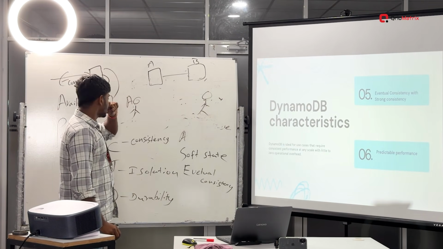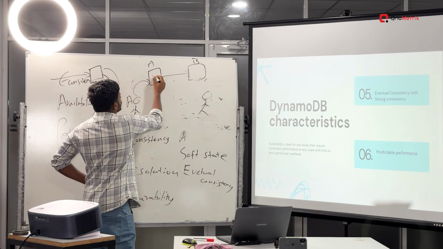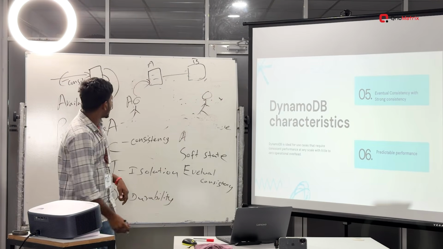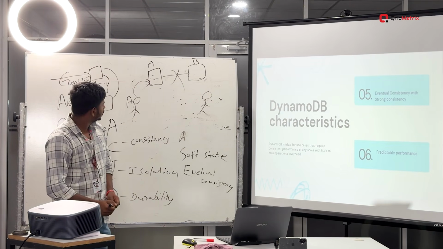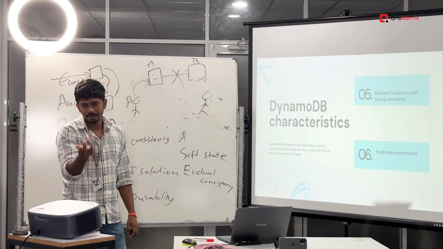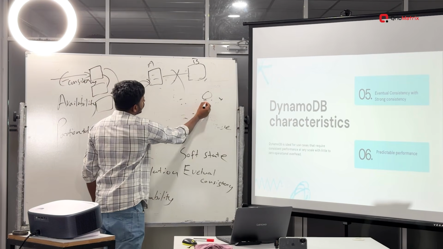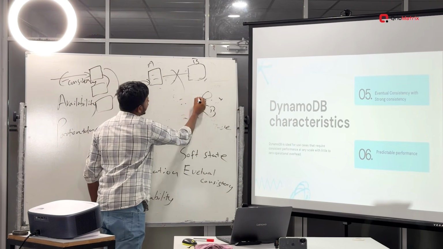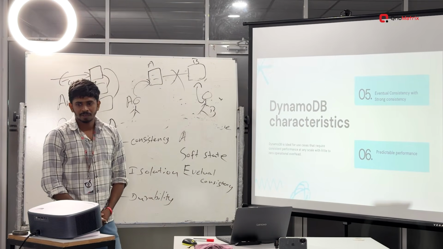So think A is going to update something in the database on this replica, but they have a network failure. In that case, this update will never sync with B, right? If a network failure happens, and B is trying to get the same data from this replica B, what will happen?